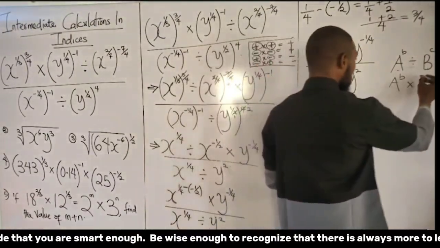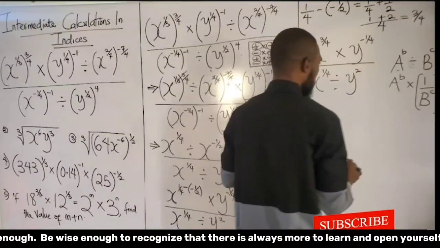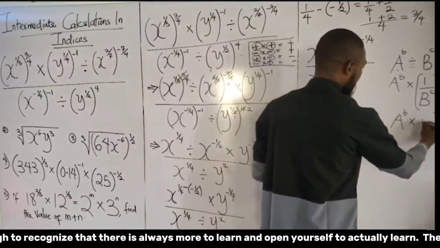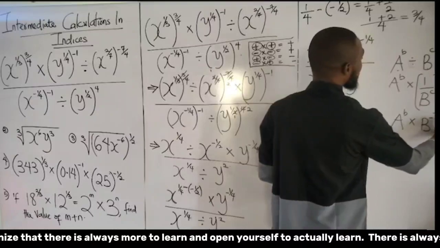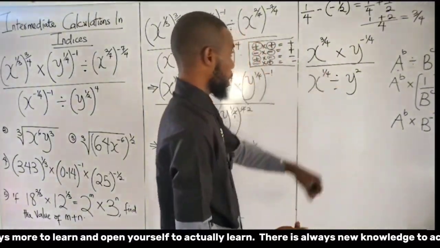And look at now, we have a law now. 1 over b raised to the power c, like we said the other time, can become what? a raised to the power b times b raised to the power minus c. We said that before. They can be reinverted. You can reinvert them, right? So that's what we're going to be applying here.